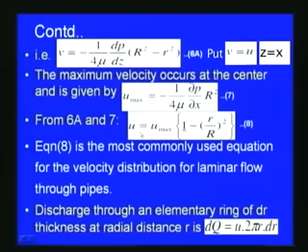So, this equation 8 is the most commonly used equation for the velocity distribution for laminar flow through pipes. Here our assumption is that flow is steady state and laminar and the pipe is in the horizontal direction. All these assumptions we applied, and that way only we could use the simplified form of the Navier-Stokes equation to derive an exact solution.